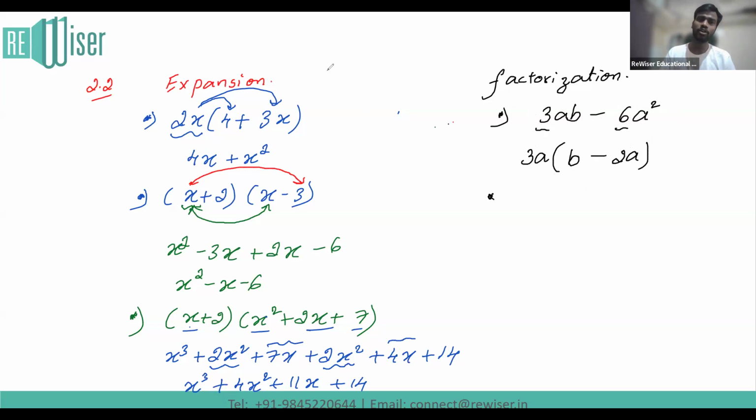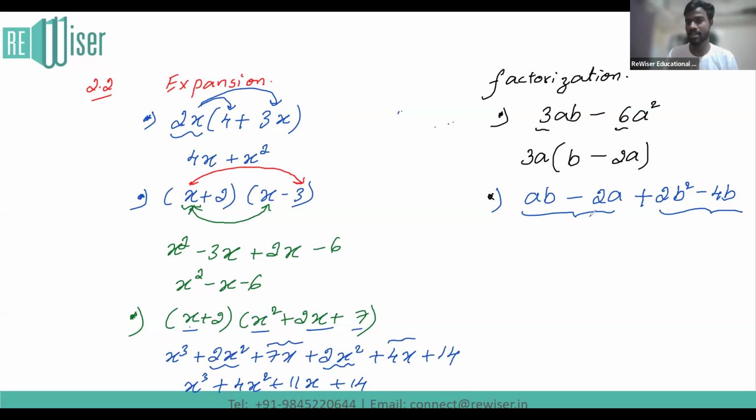So here, if I talk about factorizing 4 terms now, suppose you have something like ab minus 2a plus, let's say we have something like 2b squared minus 4b. If I have something like this, whenever you have 4 different terms, we have to group 2 terms at a time and factorize it.